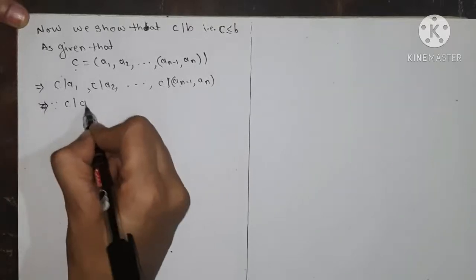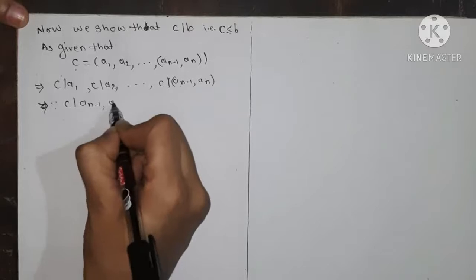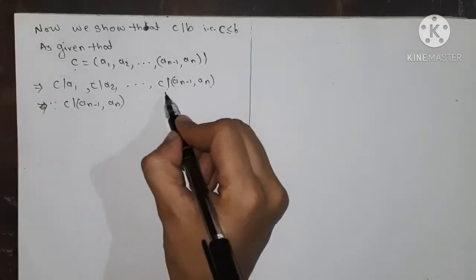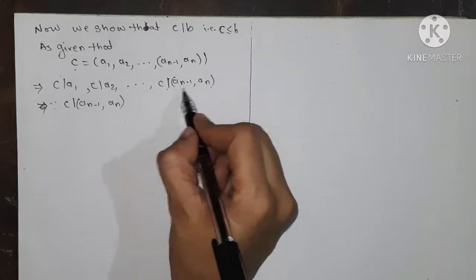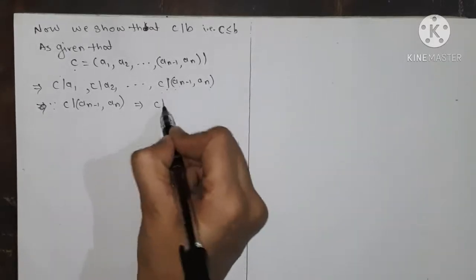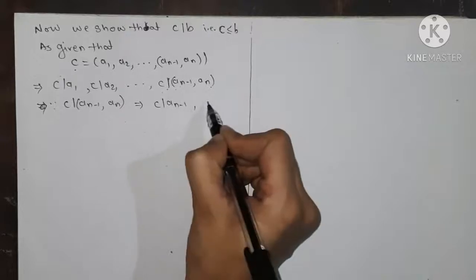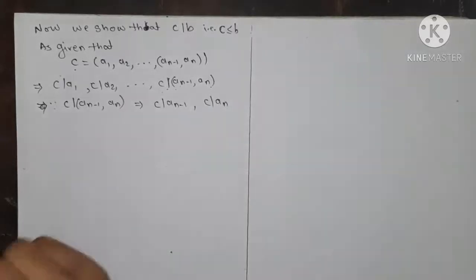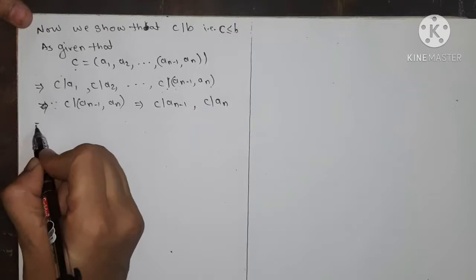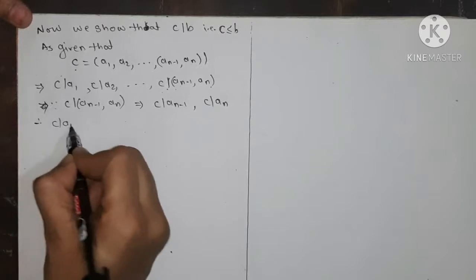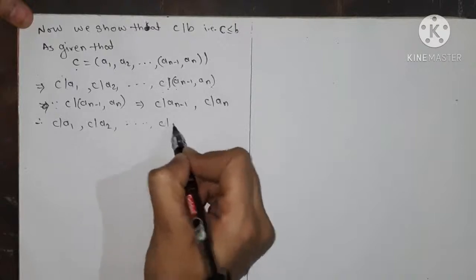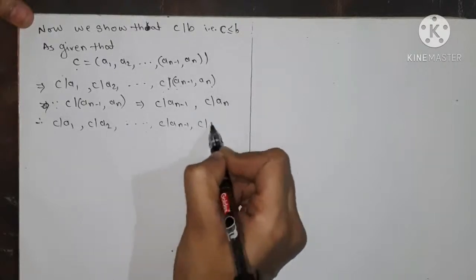Since C divides GCD of AN minus 1, AN, C is again a divisor of these integers. Therefore C divides AN minus 1, C divides AN. Hence C divides A1, C divides A2 and so on, C divides AN minus 1, C divides AN.